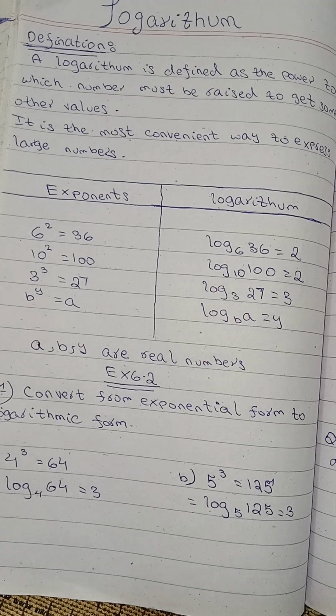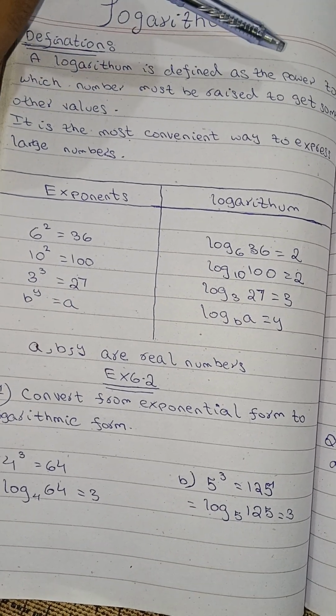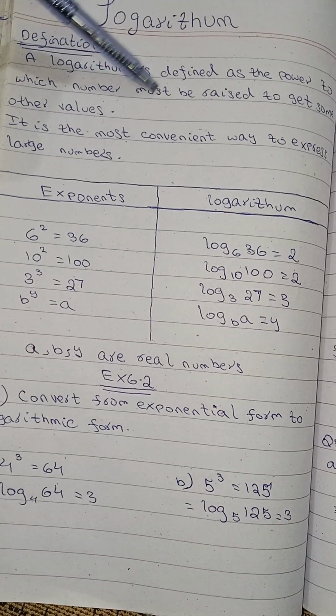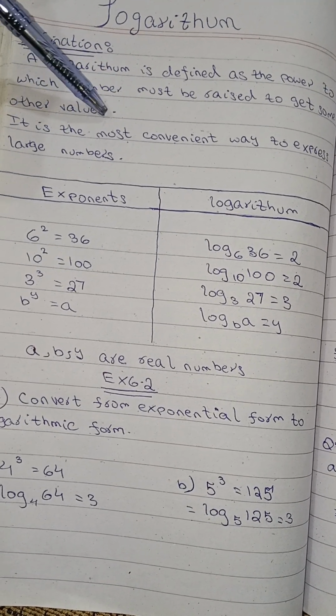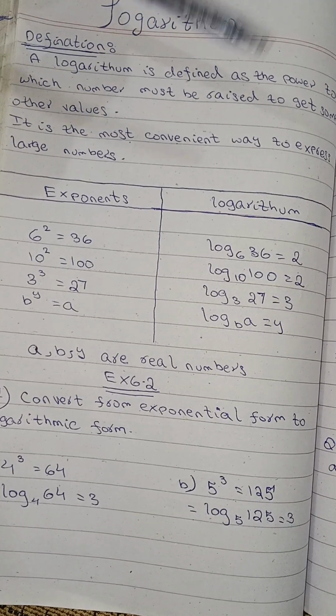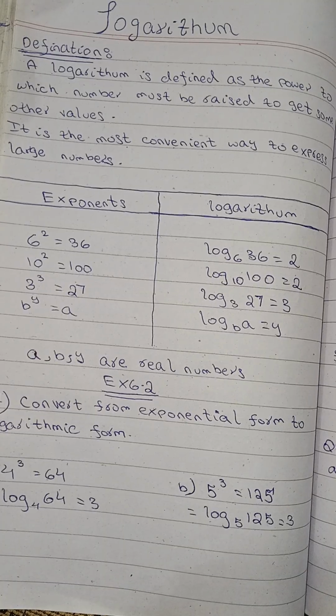So what does the definition of a logarithm say? A logarithm is defined as the power to which a number must be raised to get some other value, or it is the most convenient method to express large numbers. What does the logarithm definition mean?